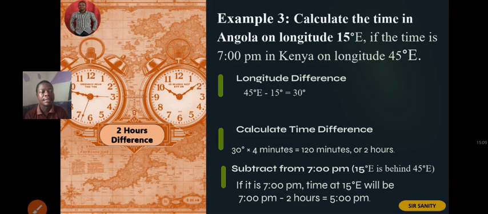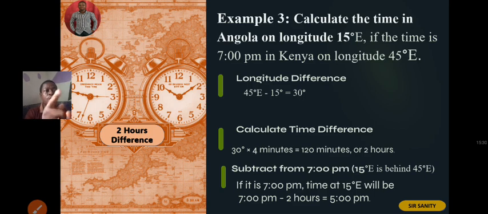Are you getting it? They are all at the east of the Greenwich meridian. So when they are on the same side of the Greenwich meridian, you have to subtract.